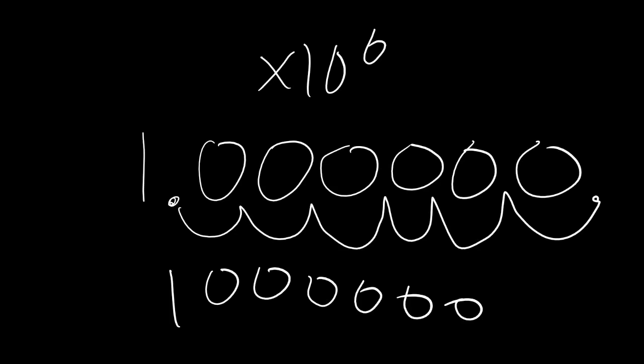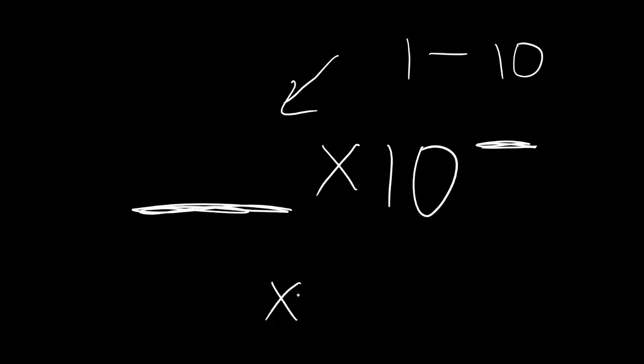So that's scientific notation. Now, here are some rules that you need to follow when writing in scientific notation. So, again, this is going to be a number multiplied by 10 to a certain power. First of all, the number here must be in between 1 and 10. The number we'll call x for now.